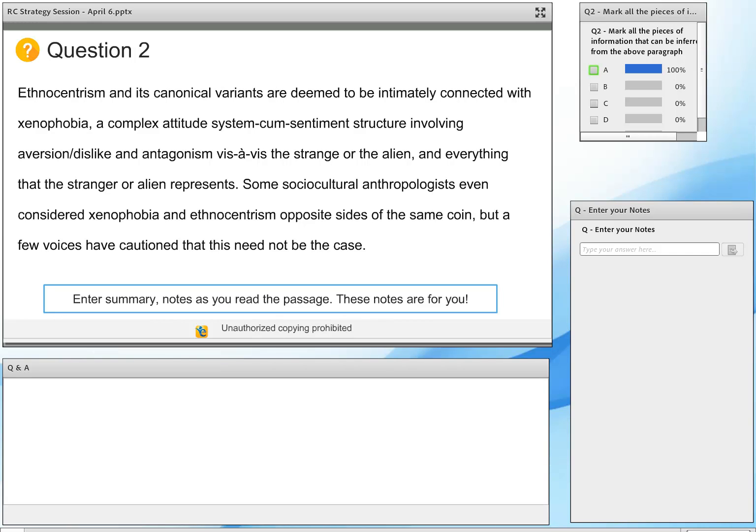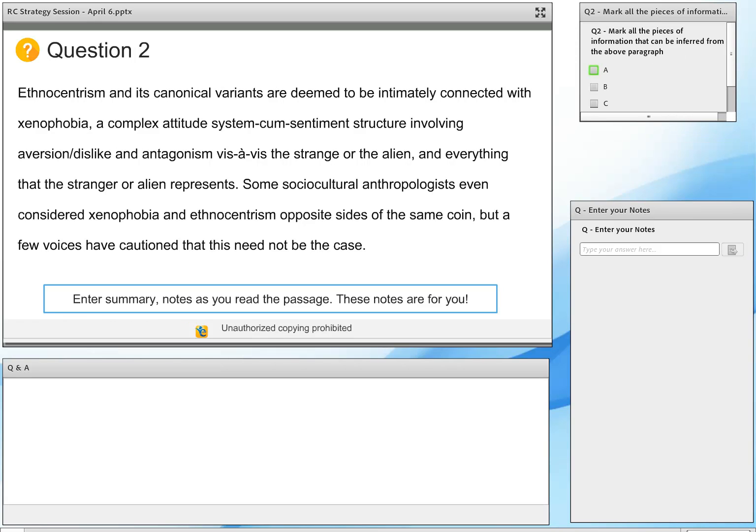This is a rather different kind of question because here I'm asking you to mark all the pieces of information that can be inferred from the passage. So again, this question can be very easily translated into what cannot be inferred from the passage. It's a different kind of question, but it serves the intent of bringing across the point of how do you draw inferences or what is the right inference. So go ahead and solve this.